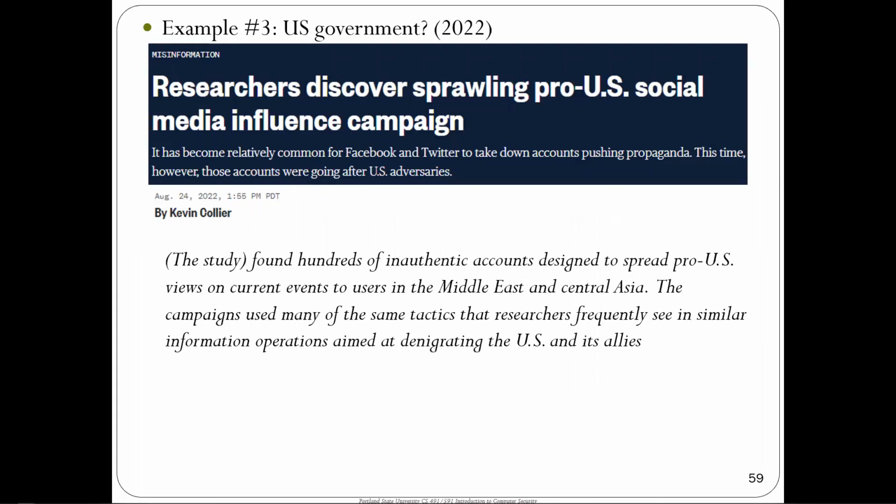I point this out. This is a rarity, but sometimes government agencies lose their way and they try and do the exact same thing back towards other nations. And so this was something that was exposed a couple months ago, and this is going to lead to Congress doing something about it, because this is typically not what you want to have happen, where now you've muddied the water because we're doing the exact same thing back that people are doing to us.